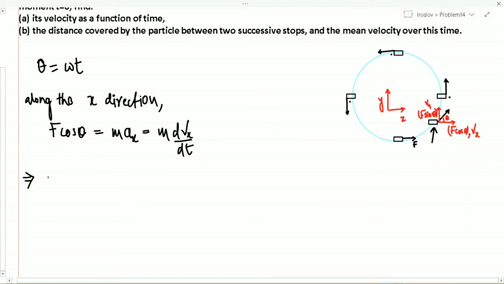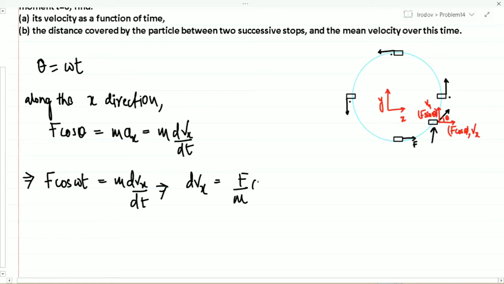This implies that F cos omega t is equal to m dvx by dt, and this gives us dvx is equal to F by m cos omega t dt.